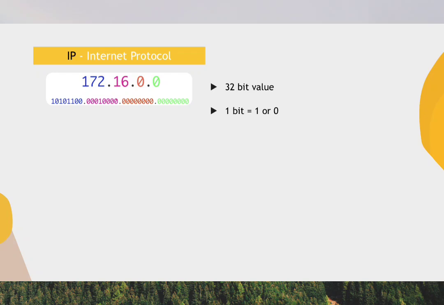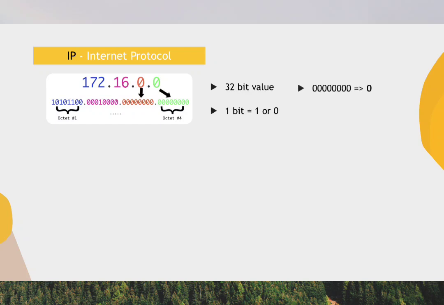And what are those dots between them? Well, every 8 bits are grouped into an octet, and each octet can be represented as a decimal number that we humans can read. Like this octet here represents 172. This one represents 16, and so on. So an octet with all zeros, so 8 zeros, is just a 0.